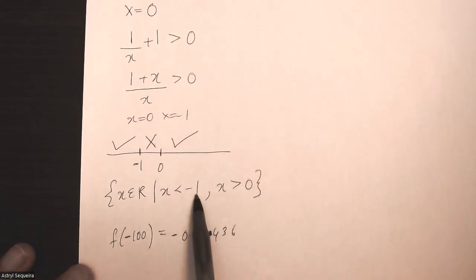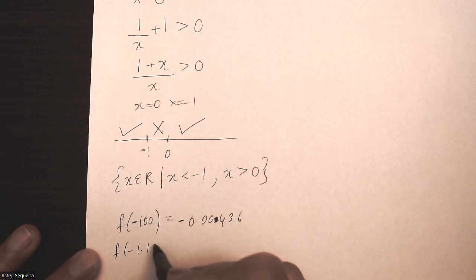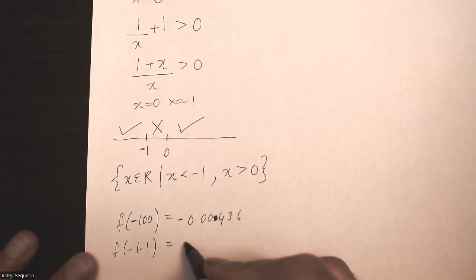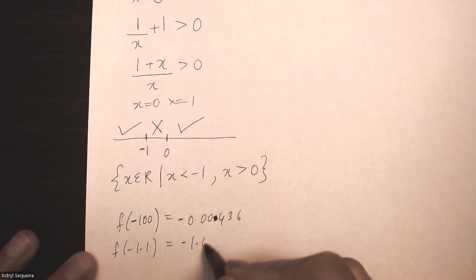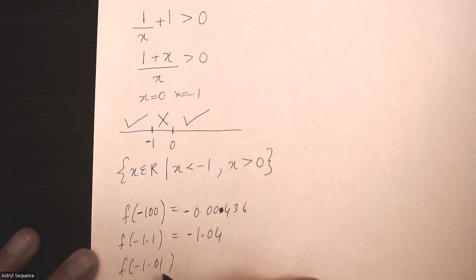Then I'll sub in a value slightly less than my first asymptote, so I'll do f of -1.1. And if I put that in my calculator, I get negative 1.04. Maybe I should pick something slightly smaller like f of negative 1.01 to see what's happening.